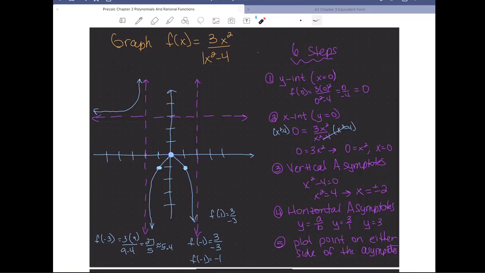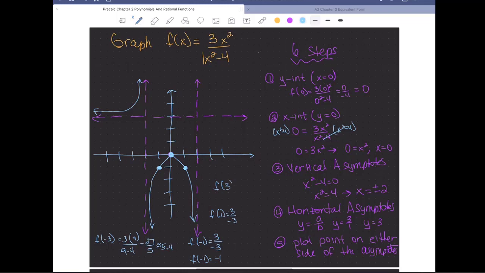So now we need to figure out what's happening as our x value is going to infinity. Because we could either be here or we could be here. So we got to figure out which little part that we're at. So we're going to pick a value. We know we have this asymptote at 2, so we got to pick a value bigger than 2. How about 3? I like 3.